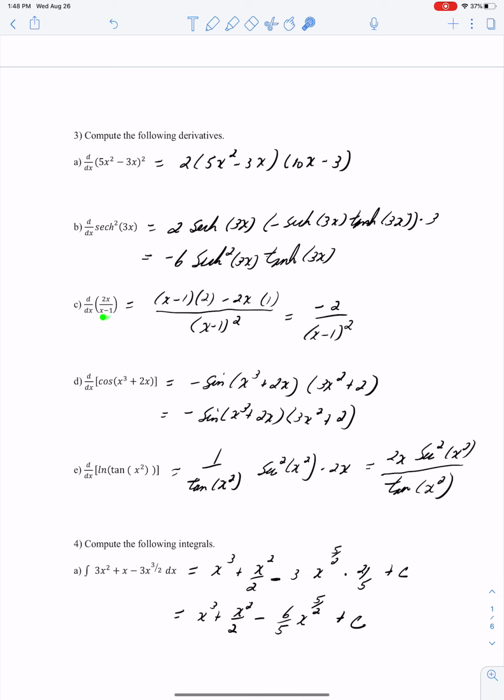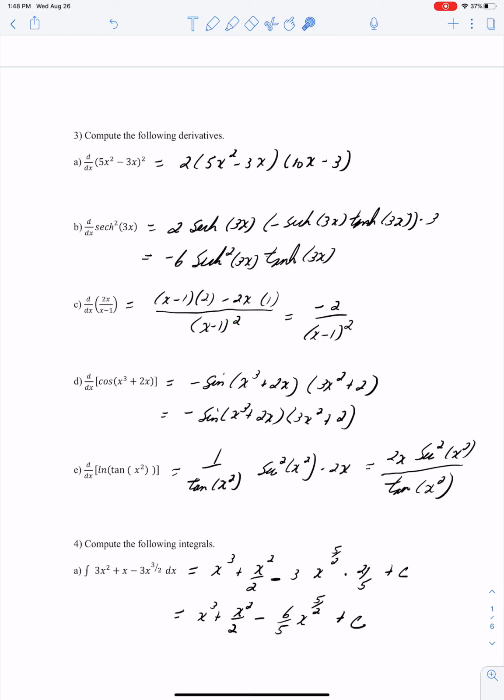Next, I want to do the derivative of this fraction right here. This is going to be an application of the quotient rule. What does the quotient rule say? Low d high. So the bottom times the derivative of the top minus the top times the derivative of the bottom over the bottom squared.